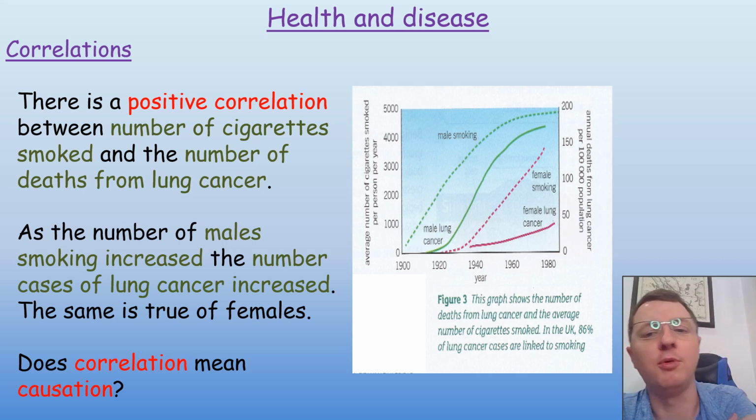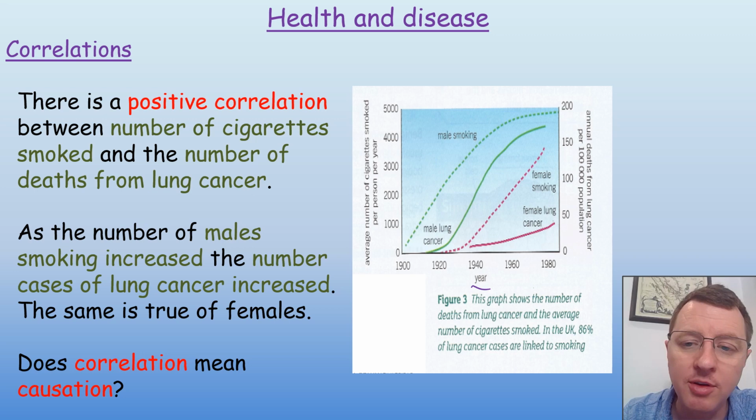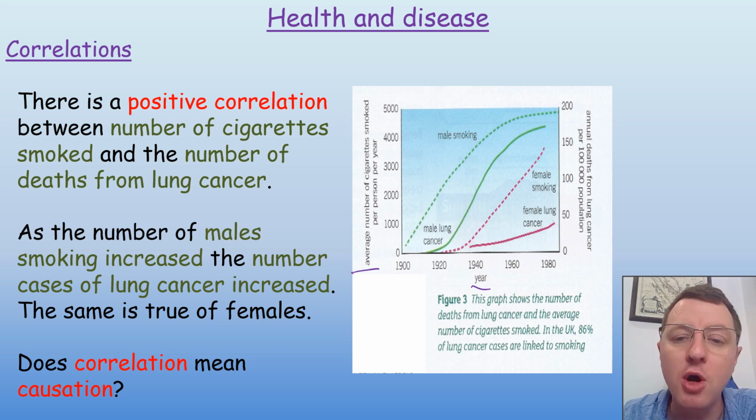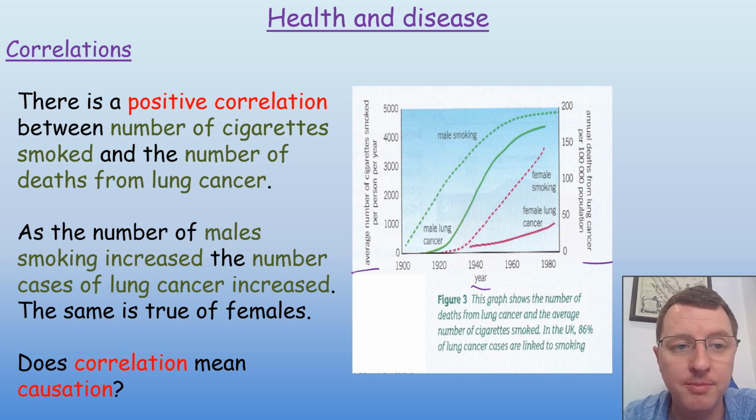Here's another example. In this graph, again, we're looking at the years, and we're looking at the average number of cigarettes smoked per person per year. And we can also link that in on the other axis over here with the annual deaths from lung cancer per 100,000 of the population.